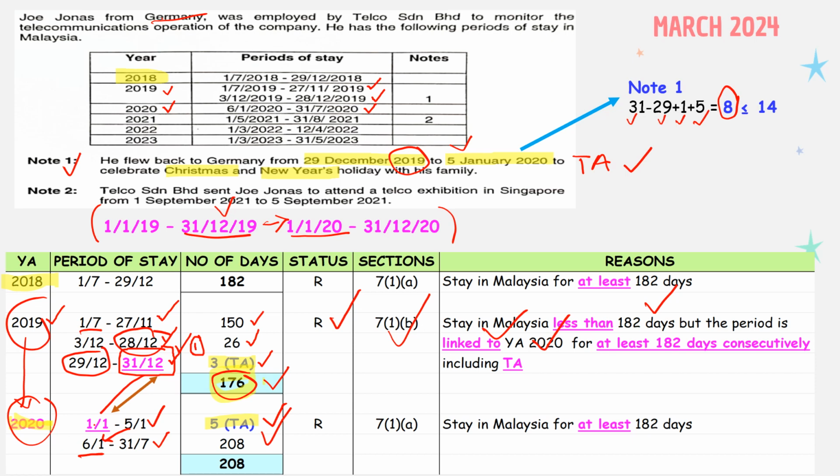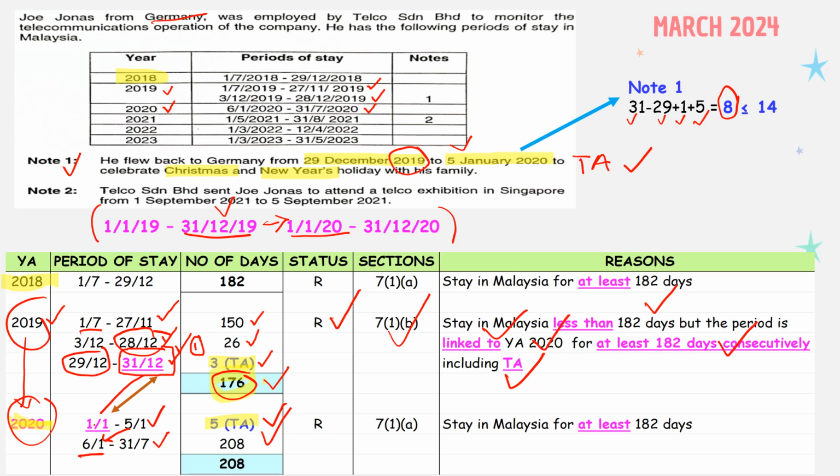What kind of help do we need from YA 2020? At least 182 days consecutively, including TA. This is how you give the reason for section 7, subsection 1B. If it is link by, you just change link to to link by.